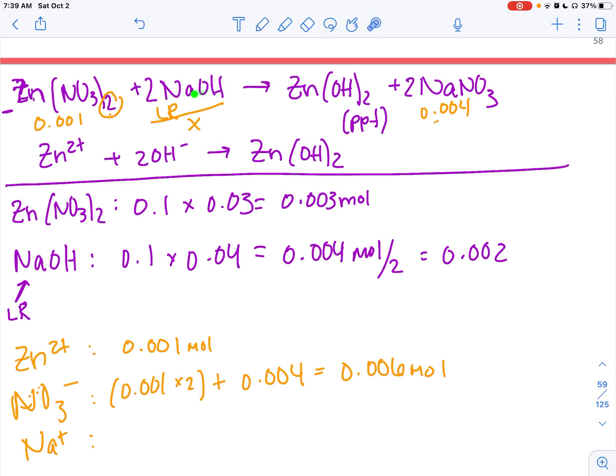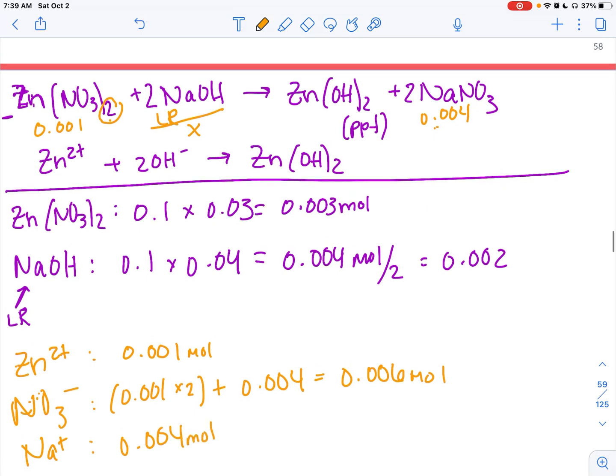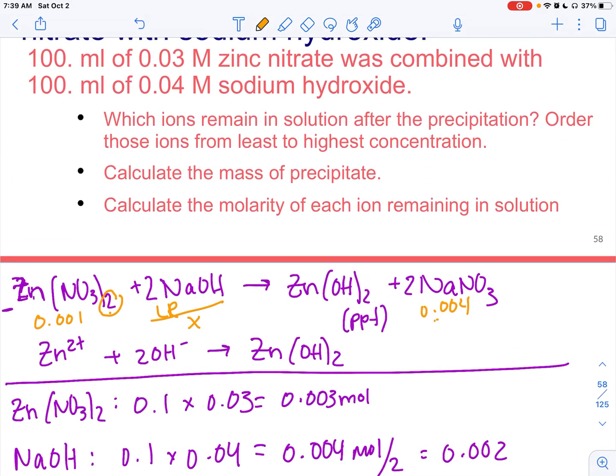And then Na plus, we just have to use the 0.004, because this Na plus is all gone, so all we have to worry about is this one. And so that's going to be 0.004 moles. And then the question asks us to order them from least to highest concentration.